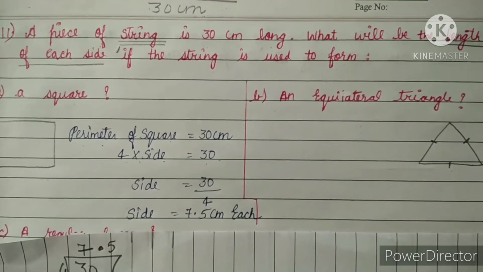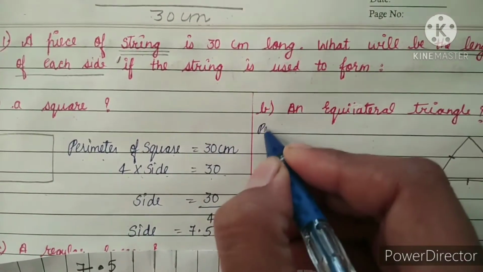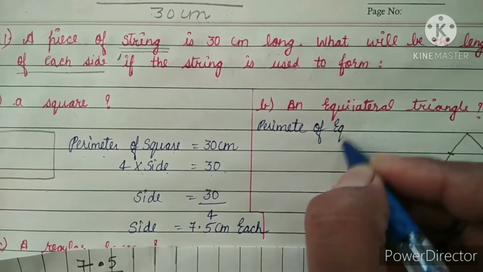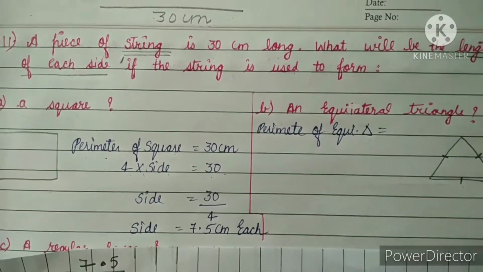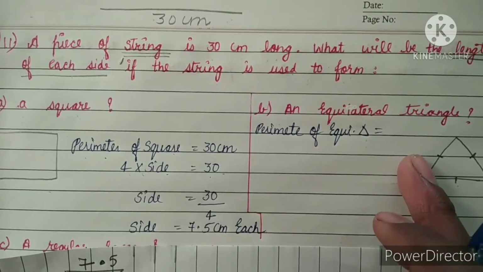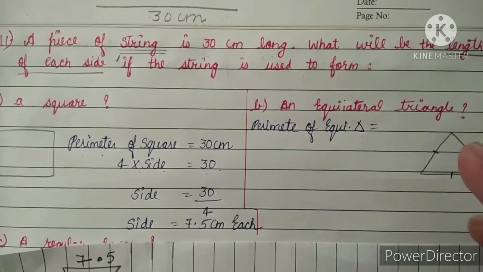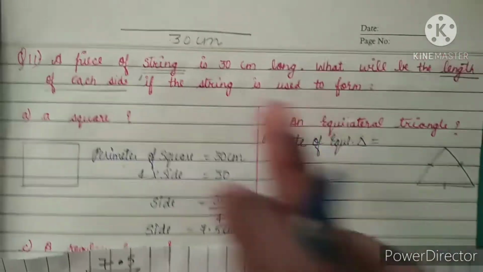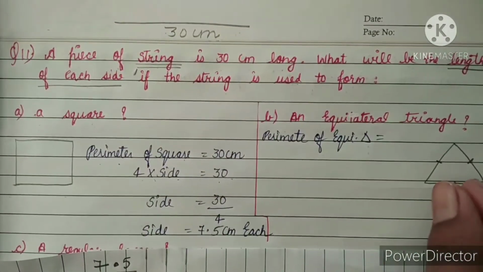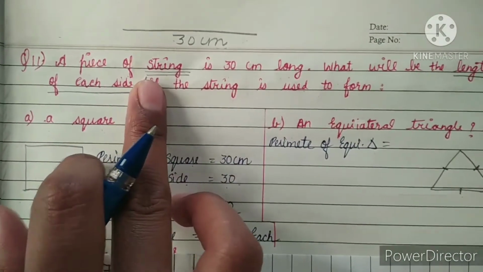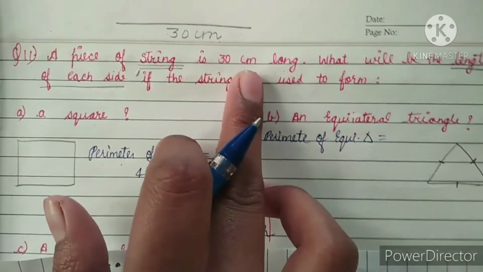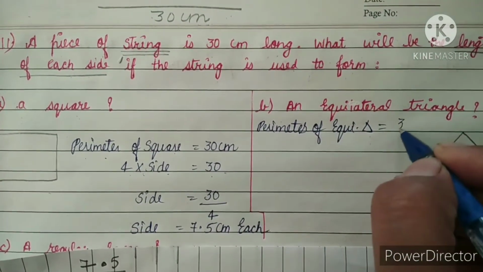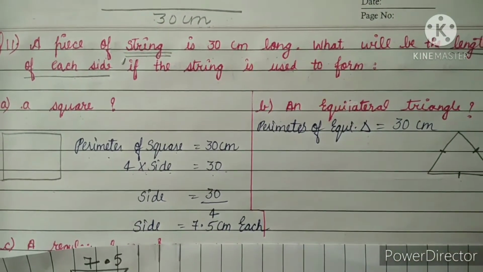So the perimeter of equilateral triangle is, already given that when we make this triangle, its total length is 30 centimeter, because this triangle is made by the string, and the string total length is 30 centimeter. So the perimeter of equilateral triangle is 30 centimeter.